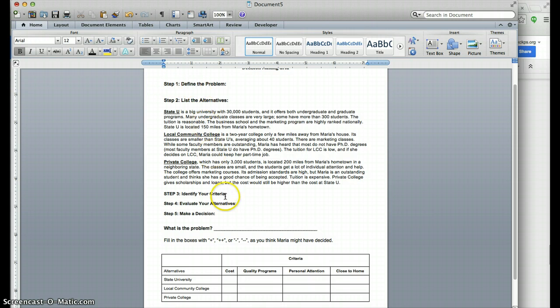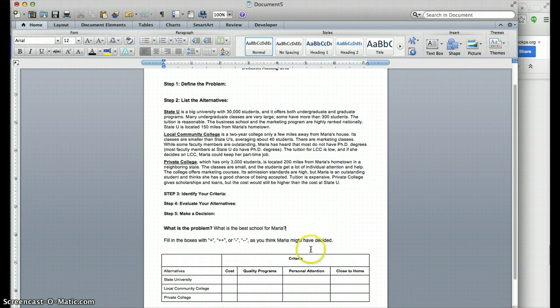So, the first thing, according to the text, the first step in the decision making process is to define the problem. What is the problem? In the Google document that is part of the text that's given to you, that's where you will put your answers. You will type in the problem. So for this part, we could type the problem, and the problem goes like this: what is the best school for Maria?